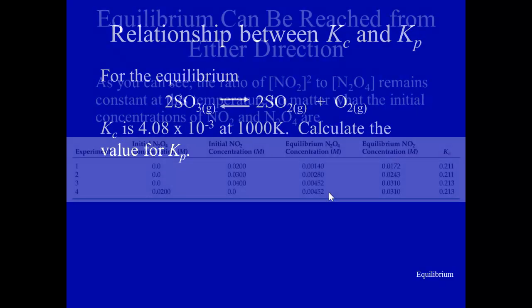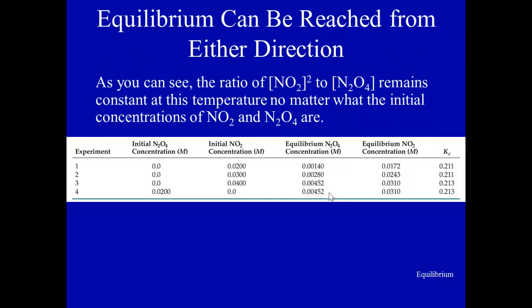Now, one of the things I said was equilibrium can be reached from either direction. So I can come at it from my nitrogen dioxide or my dinitrogen tetraoxide. And so this is almost kind of like our rate experiments that we did in Unit 4. And it doesn't matter.